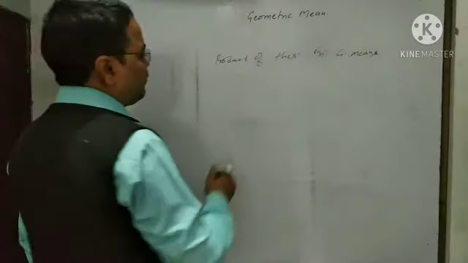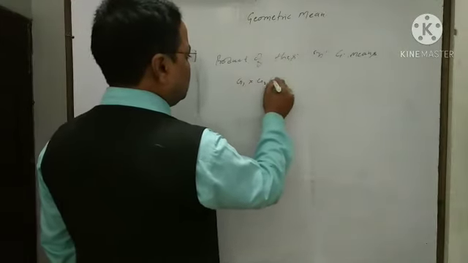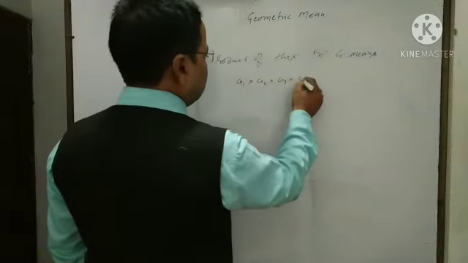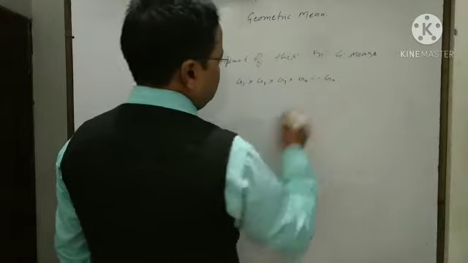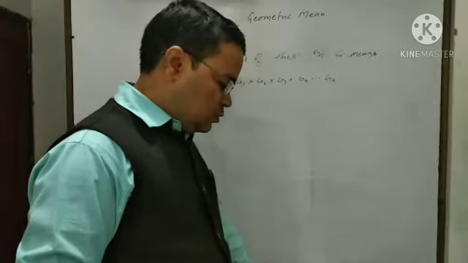So we know that the product will be G1 into G2 into G3 into G4 up to Gn. Okay, it will be like this way: G1, G2, G3.